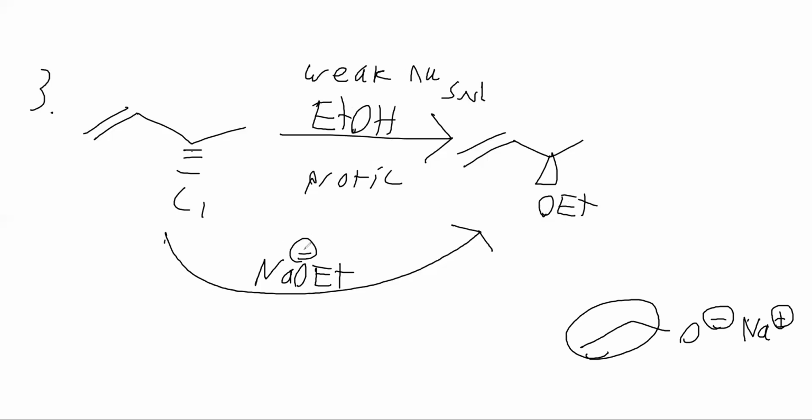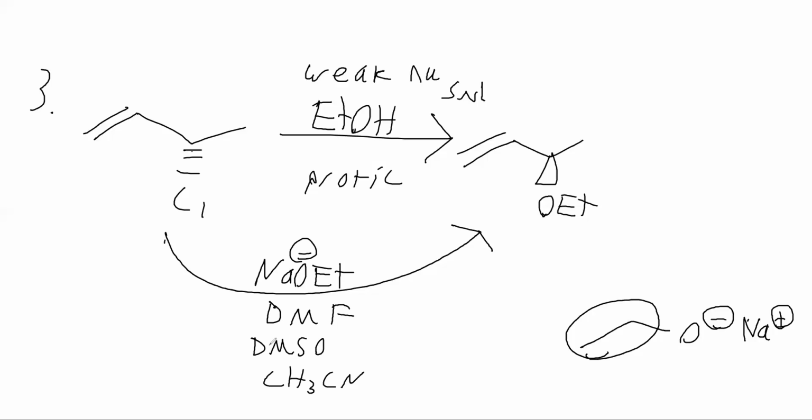Okay, so this is a strong nucleophile, and solvent doesn't really matter, but we could use any aprotic solvent just to try to be consistent. Could be literally anything, DMF, DMSO, acetonitrile, acetone.